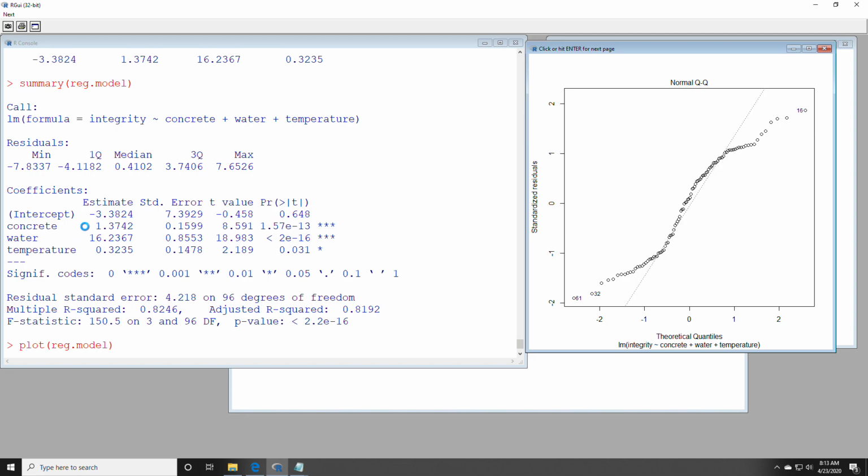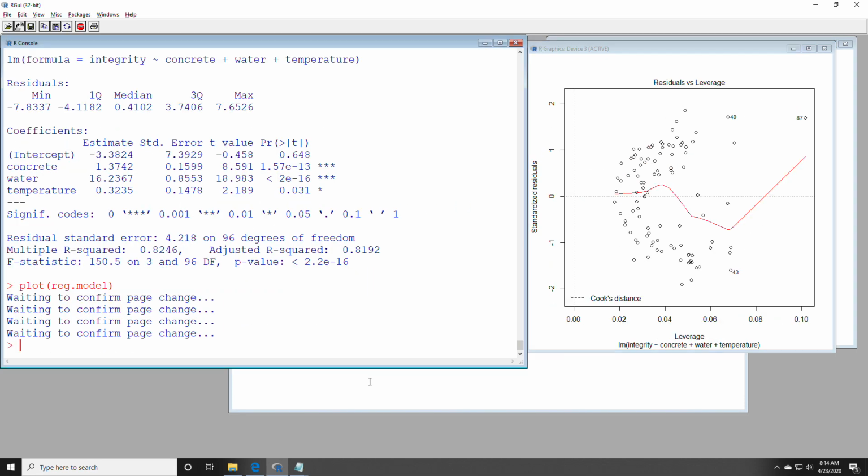That would be a horrible thing to do, to just check these and say this model is good, because as we saw from these two plots, this model is horrible. The assumptions are violated. We're not modeling the regression function properly.